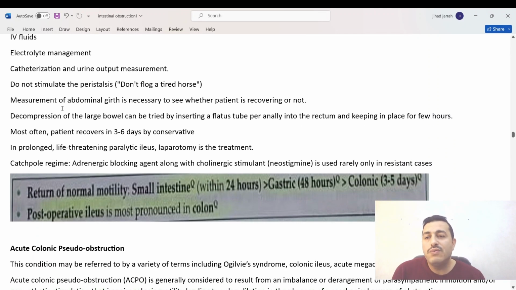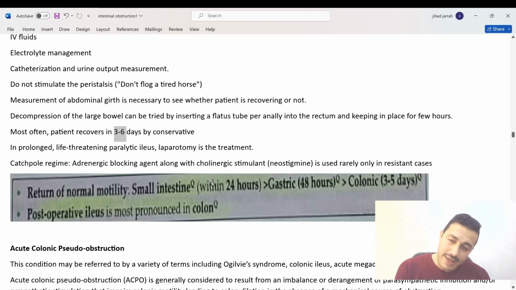So it's mainly how to treat the underlying pathology. We can use a rectal tube in some cases for decompression, not permanent, transitional. The ileus mostly resolves within 3 to 4 days.